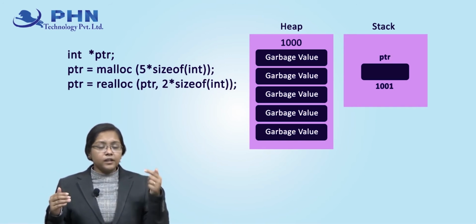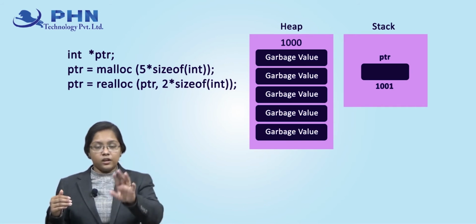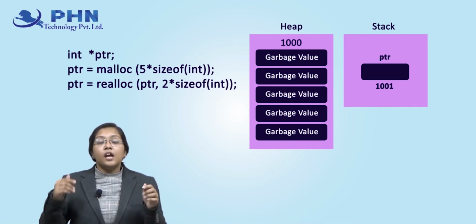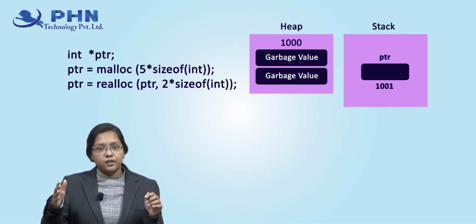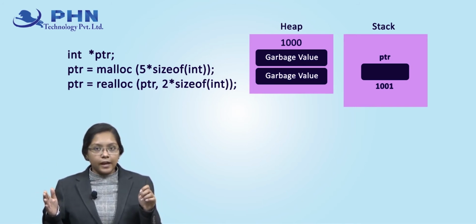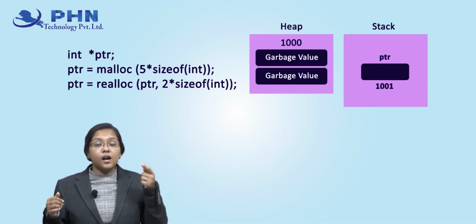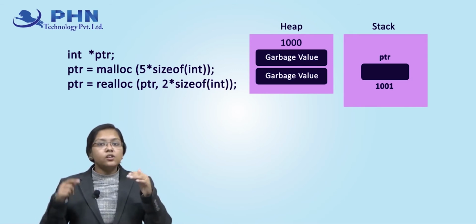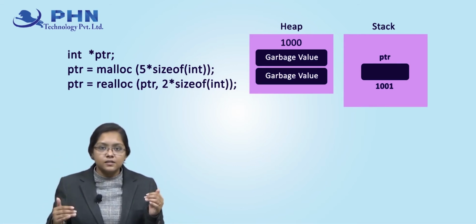Right? So the moment my ptr reads that statement, realloc with 2, it is deleting the memory blocks from that heap memory which were stored through my malloc. And now if we come to the third statement, here I have 6, so now the heap memory will get increased.